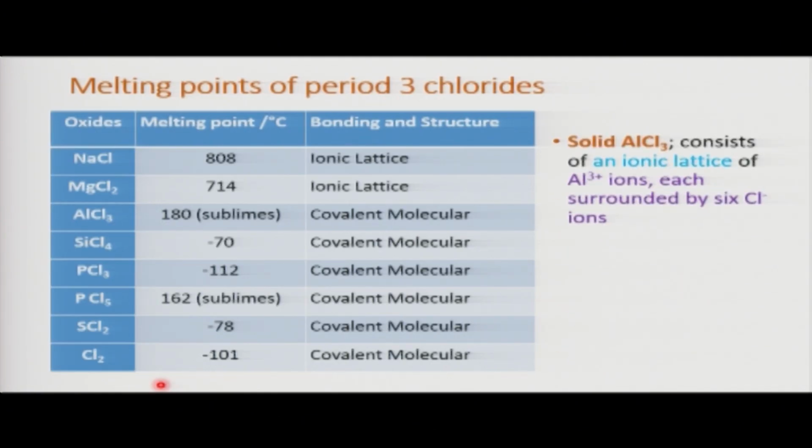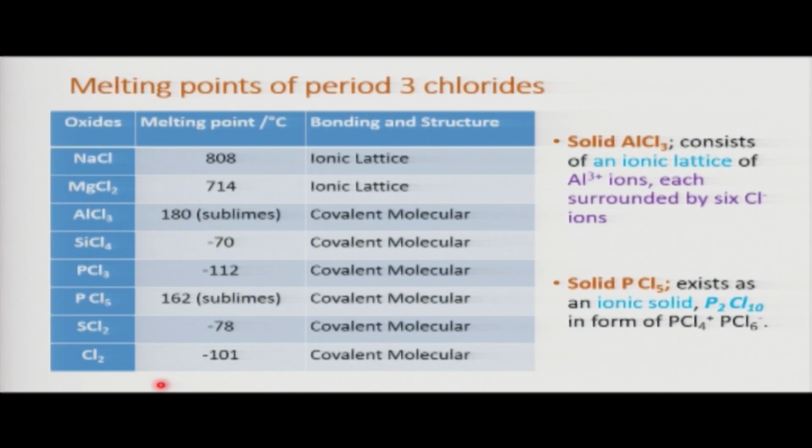Okay, quickly, let's see the answers. Aluminum chloride exists as an ionic solid or ionic lattice in the solid form, whereby the aluminum ions are surrounded by the chloride. You'll know where the covalent bonding came from. So the unique aspect in here is that in the solid form, it is ionic. It has an ionic lattice.